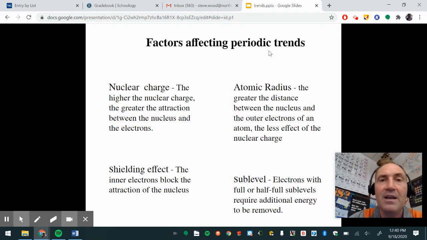If it's a structure question, or something about atomic structure or patterns, the rule is when in doubt, draw it out. Draw out the electron configuration. Why does this one work better than this one? Think about structure, understand it, and then explain it. Okay, so there are 4 factors that affect the patterns on the periodic table.